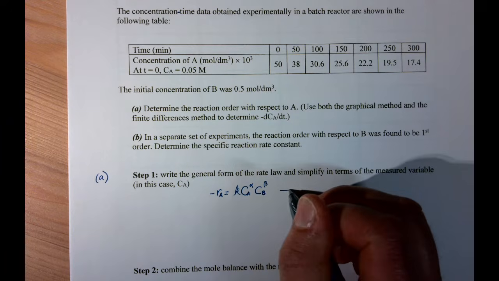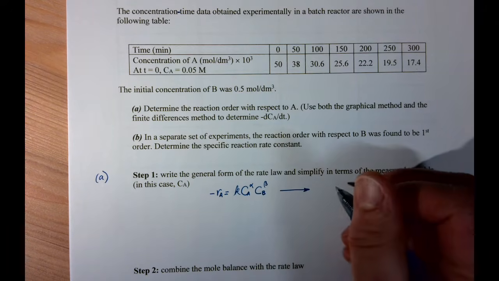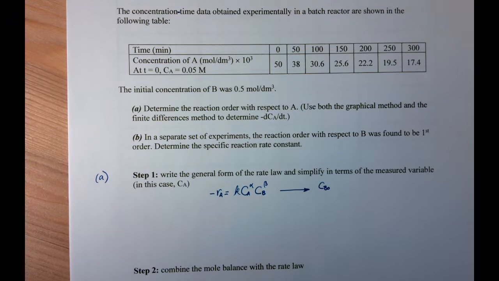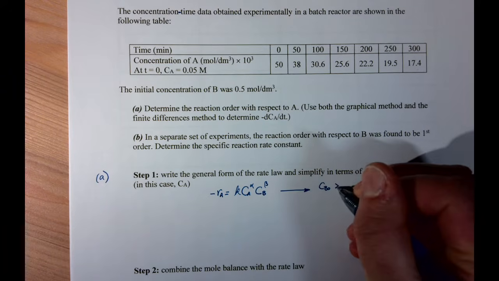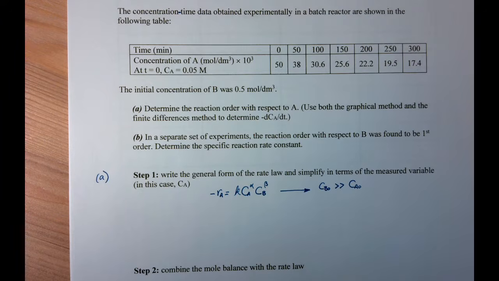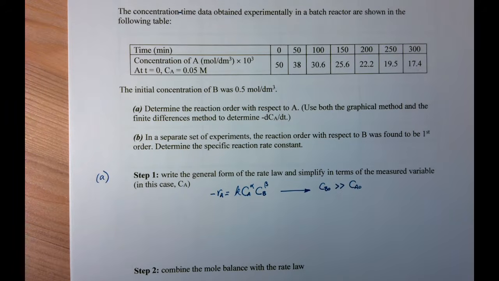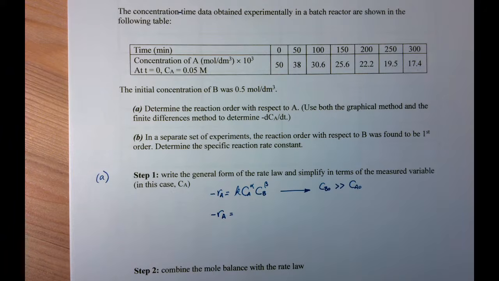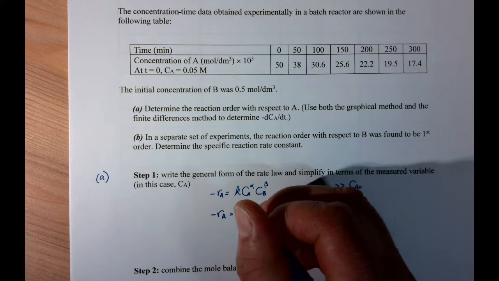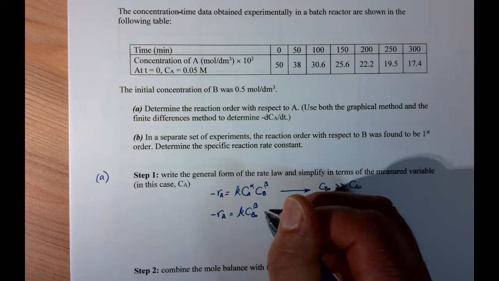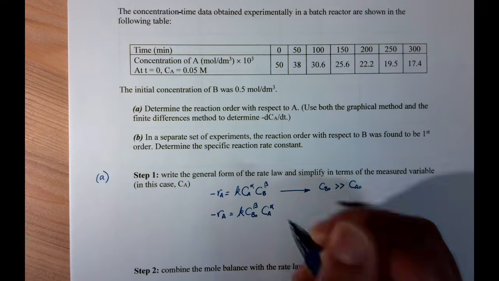However, what the problem is telling you is that Cb naught, which is 0.5 moles, is much larger than Ca naught, which is 0.05 molar. Because this is so much bigger, I can consider that negative Ra is K times Cb naught to the power of beta times Ca to the power of alpha.